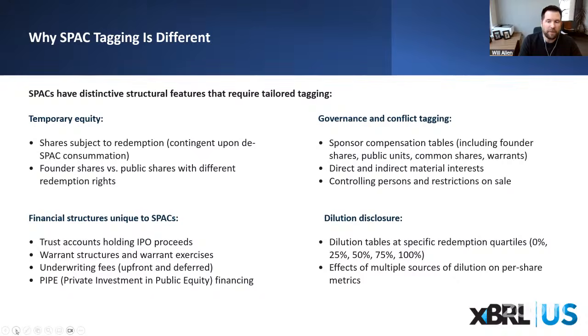When we tag a SPAC filing, we're not just tagging numbers, we're tagging specific SPAC-centric concepts, and those concepts really capture the economics behind the offering and the deal being described in a particular SPAC. The SPAC taxonomy gives us those tools to do that precisely and actually tell that message correctly. Next slide, please.